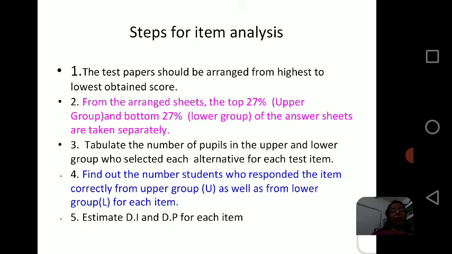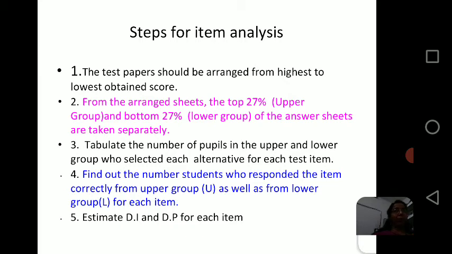Then find out the number of students who responded to the item correctly from the upper group as well as from the lower group and mark it as U and L. We need to find out U and L for calculating discriminating power and difficulty index. U means the number of students who have done the item correctly in the upper group.